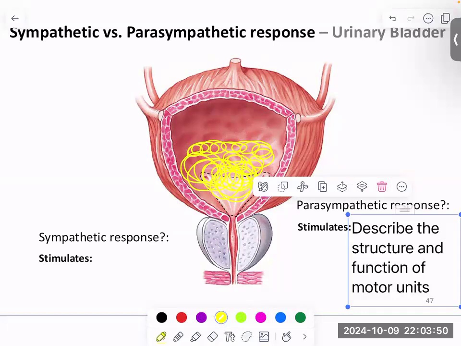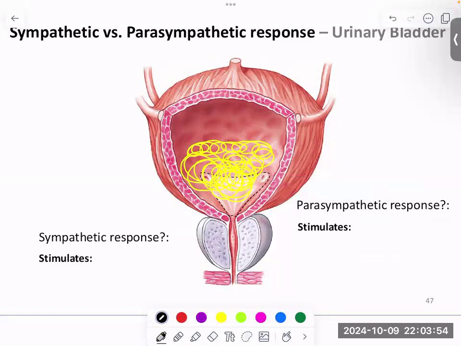So your body has this muscle right here. This one is the internal urinary sphincter.